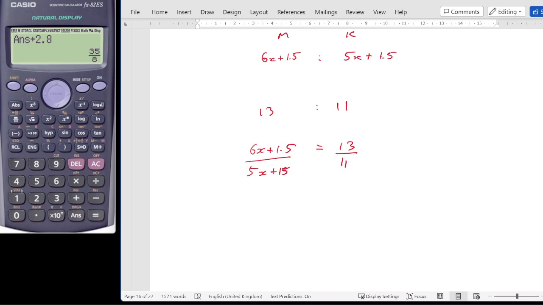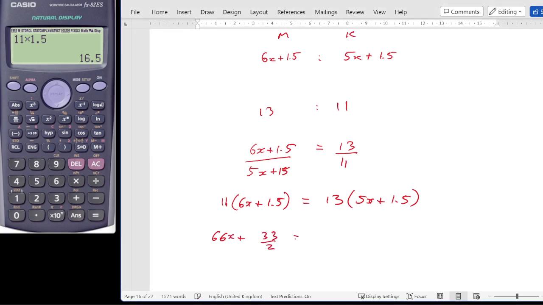Now if I cross multiply, that's better. So 11 lots of 6x plus 1.5 has to be equal to 13 lots of 5x plus 1.5.